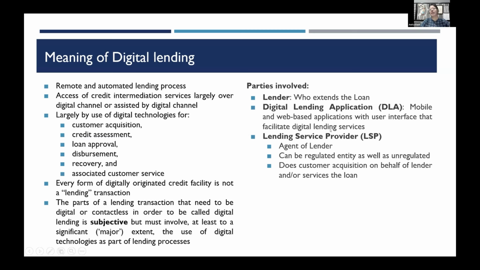So even if the KFS is displayed on the DLA or the DLA belongs to the LSP, they will also have to abide by the regulatory requirements over here. It will be issued by the lender or the RE who is extending the loan on the DLA, but the DLA as well as the LSP will have to comply with the requirements.